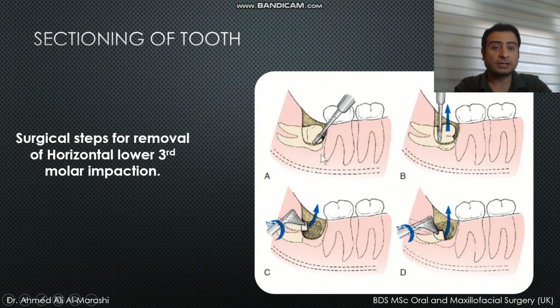If we have a horizontally impacted lower third molar, the whole crown needs to be sectioned. This will create enough space that has been occupied by the crown in order to deliver the roots within this space.